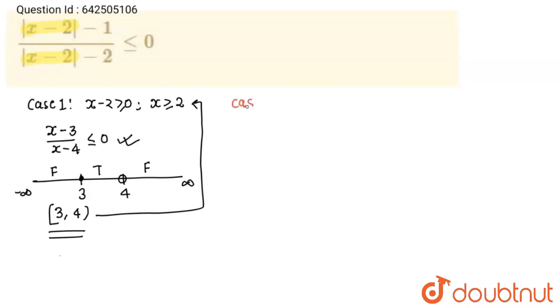Case 2 is when x minus 2 is less than 0. When x minus 2 is less than 0, the terms inside both modulus will be negative. So we open both modulus with a negative sign like this: (minus (x minus 2) minus 1) upon (minus (x minus 2) minus 2) is less than equals to 0.